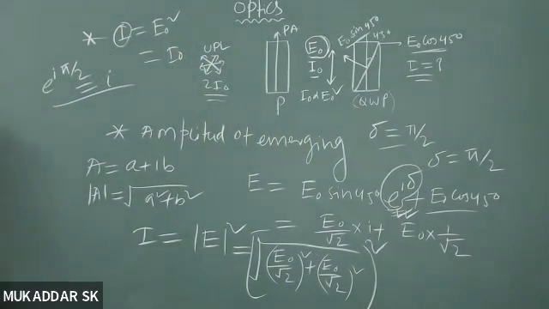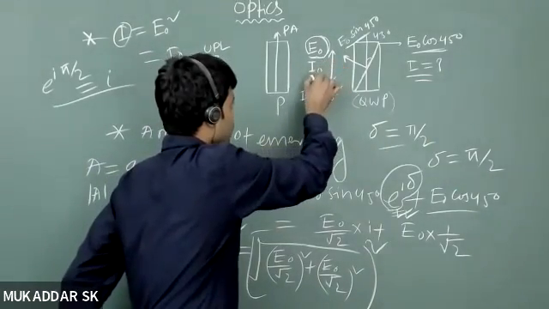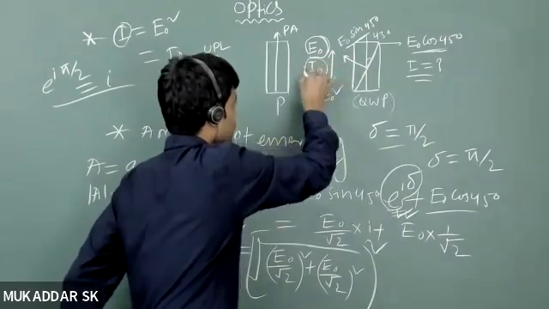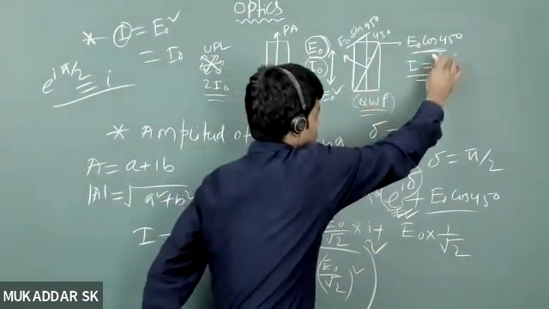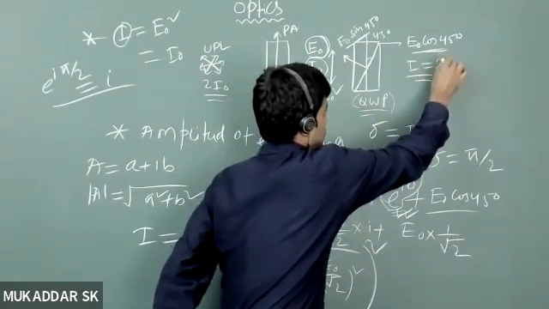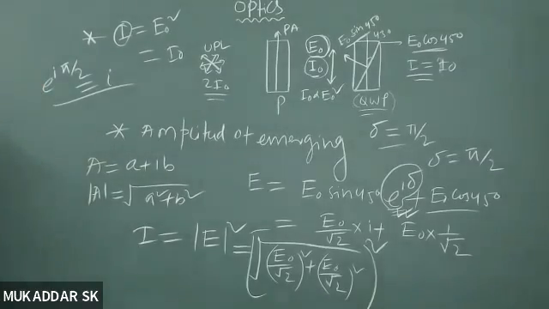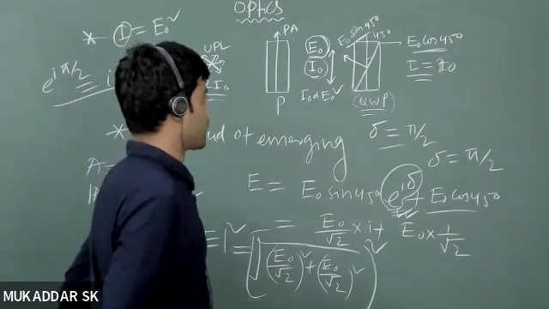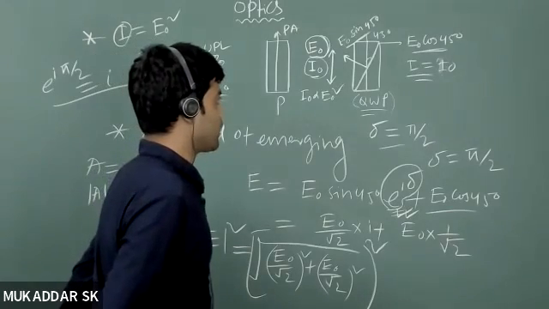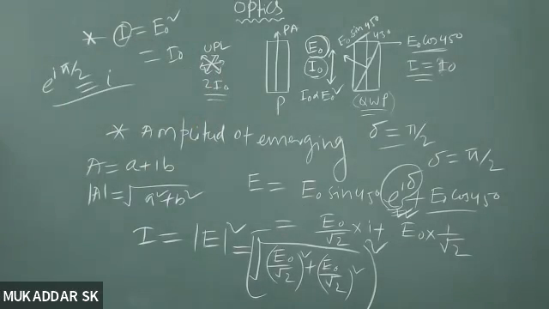So when the polarized ray having intensity I naught passes through this quarter wave plate, there will not be any change in intensity. It will be exactly I equals I naught. Is this clear to all?